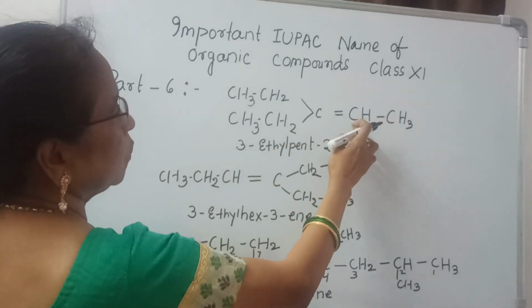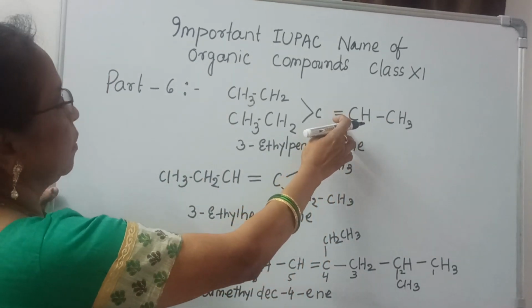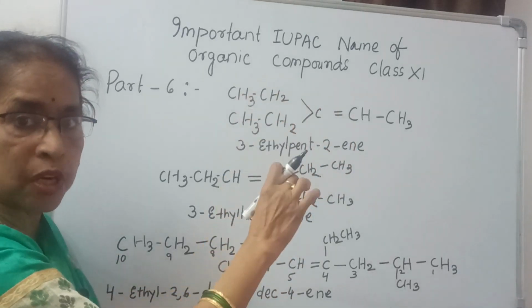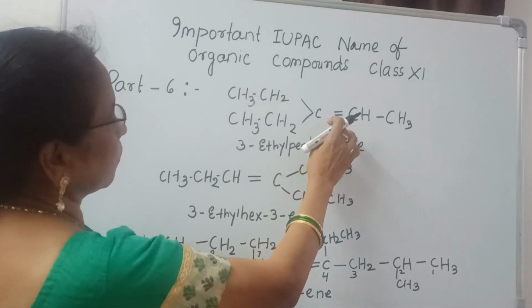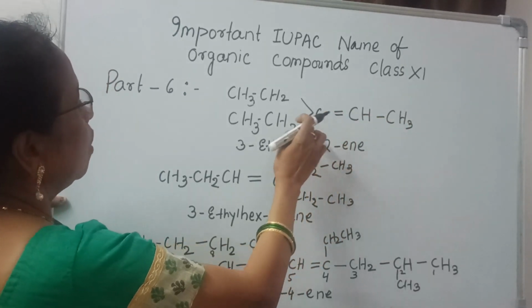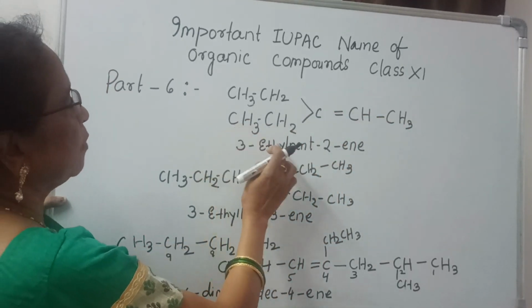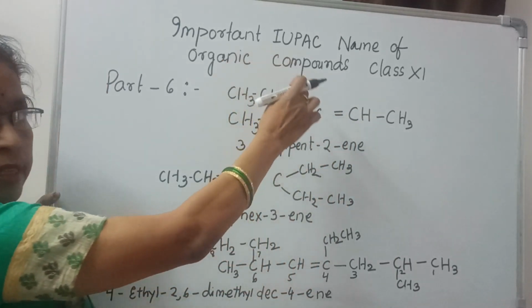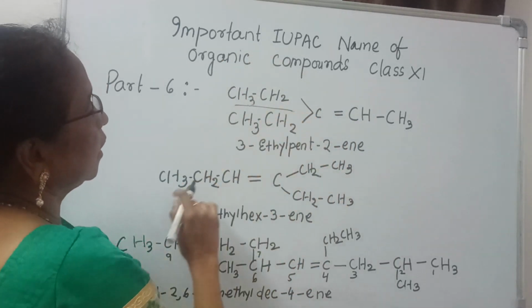Okay, 1 2, after 2 there is a double bond, that is 2-ene, means after 2 carbons there is a double bond. Now here if I continue 1 2 3 4 5, that means in 3 there is an ethyl group. This is the ethyl group.